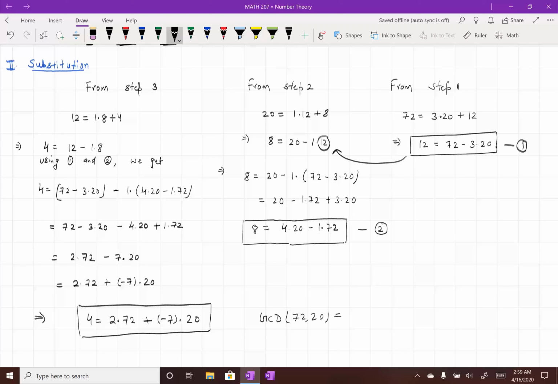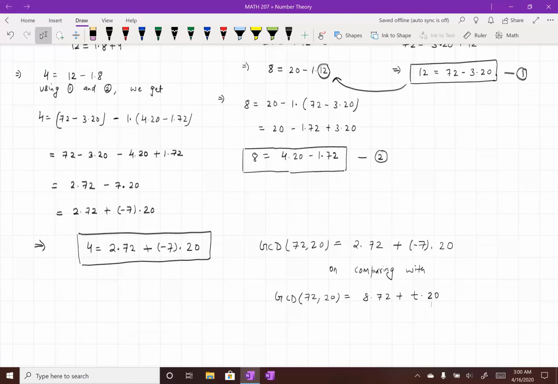So you have represented the GCD of 72 and 20 as 2 times 72 plus (minus 7) times 20. On comparing with your original problem, where you are trying to find the values of S and T such that the GCD of 72 and 20 can be written as S times 72 plus T times 20, you get S equal to 2, and T is equal to minus 7.